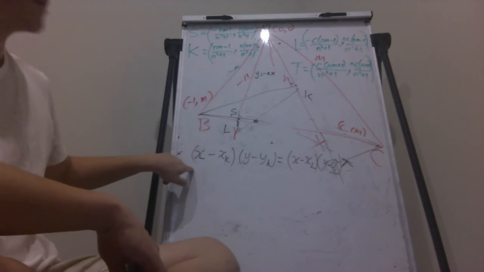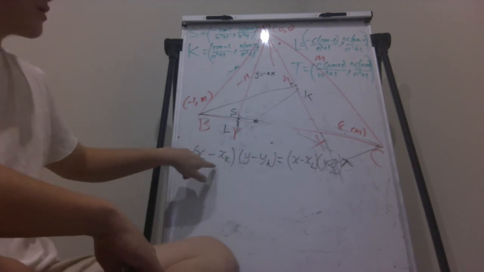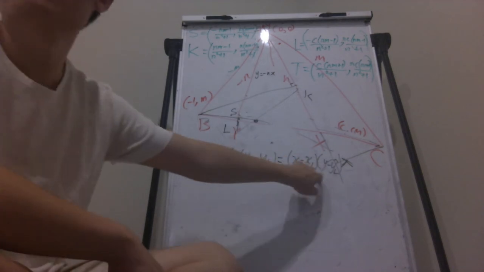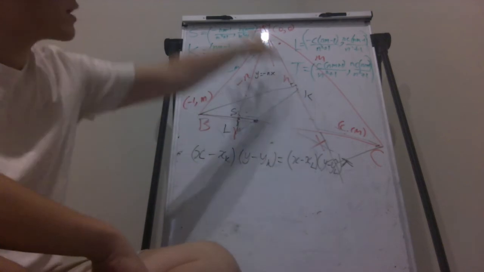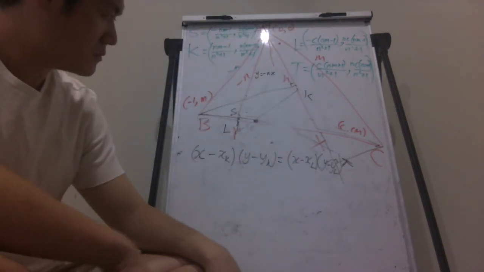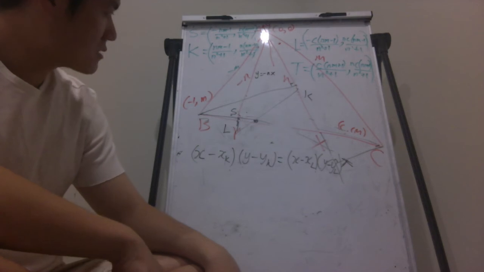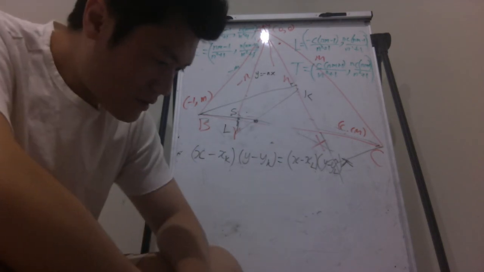So that makes this a linear equation, and it's a linear equation satisfied by 2 points. So it has to be that, a linear equation, right? Oh yes, I get it. Okay, so that's the equation of KL, and it's also the equation of ST.